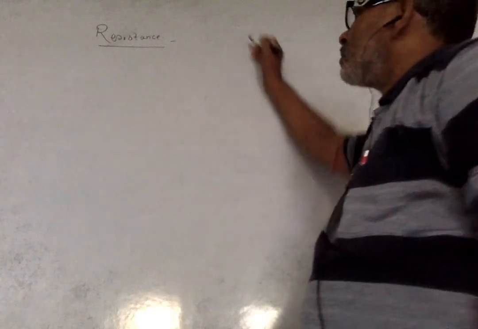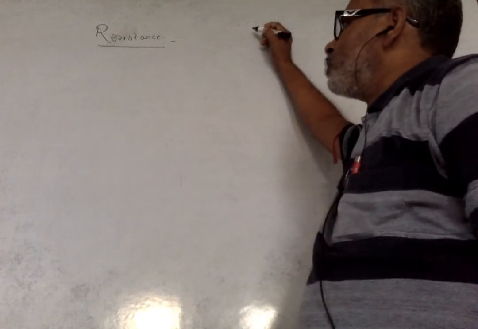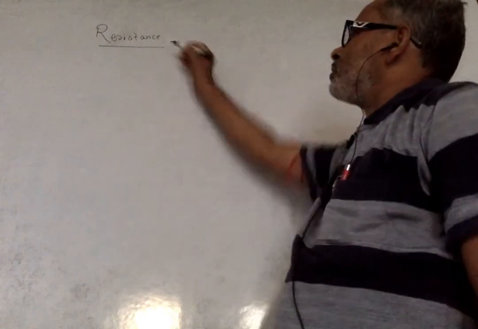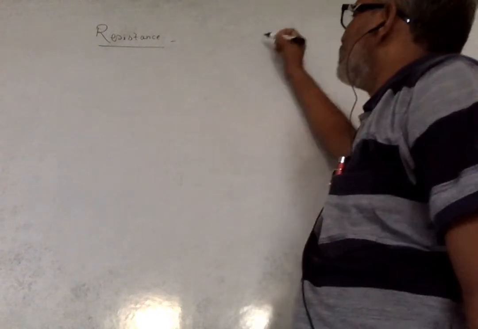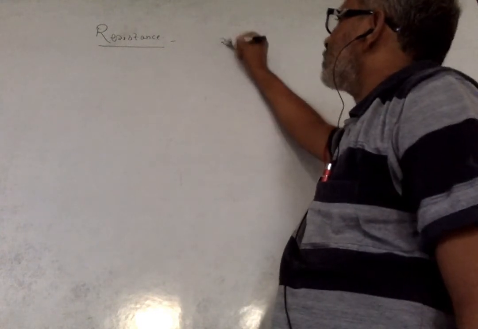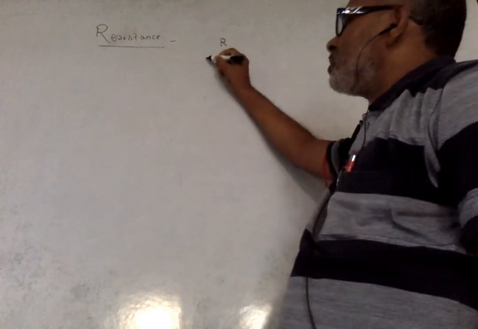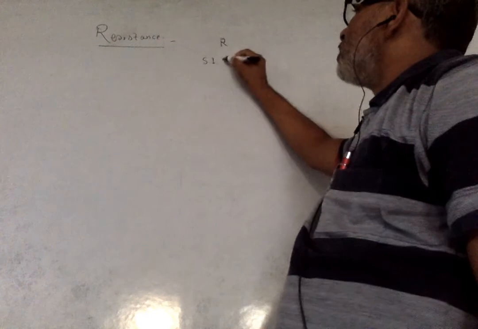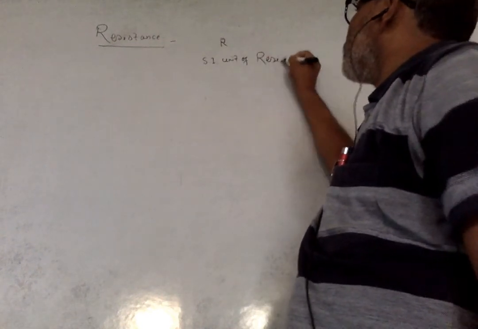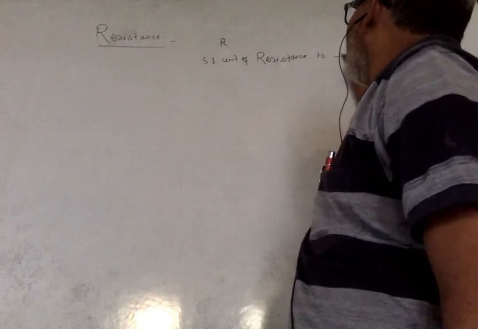That is, the property of a conductor due to which it opposes the flow of current is called resistance. It is generally denoted by capital R. Its SI unit is ohm.